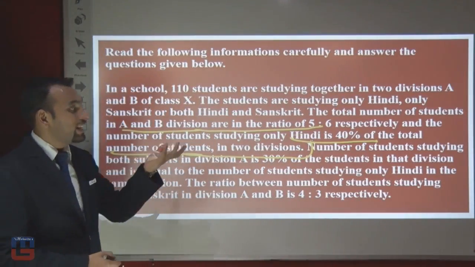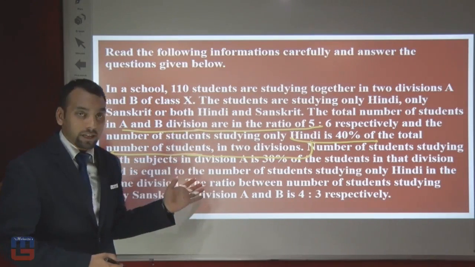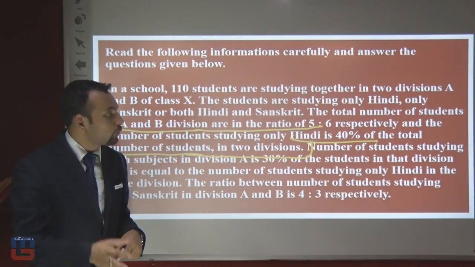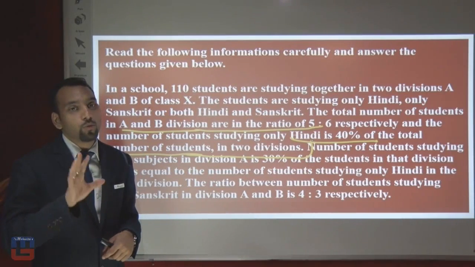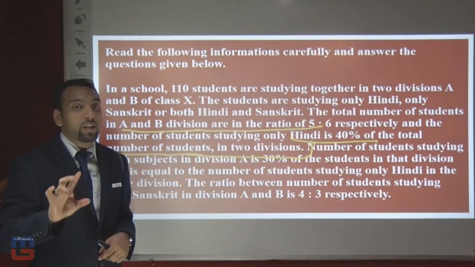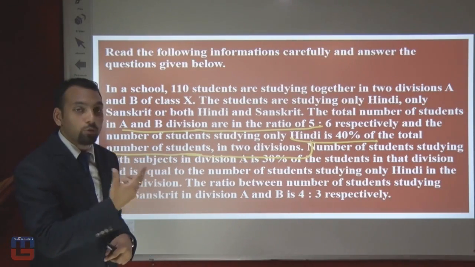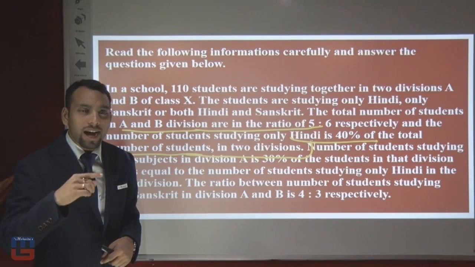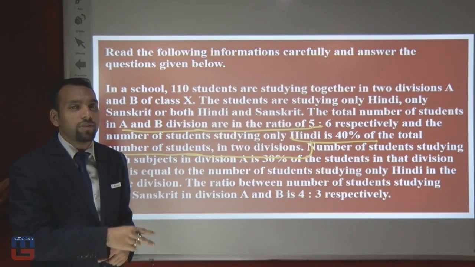Why? Because we are getting the information from these lines, and then we will draw a Venn diagram, and then you will see it will be very easy to do 5 questions, because this puzzle DI will contain 5 questions. If you are able to draw the Venn diagram, then you will find it takes hardly 1 or 2 seconds to give the answer.